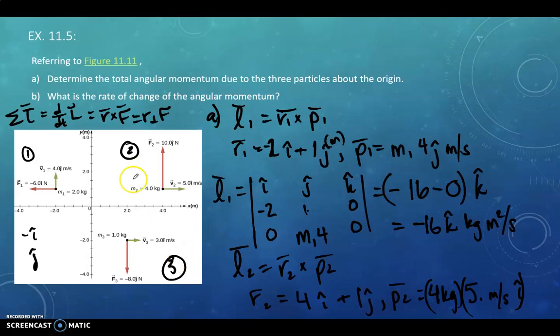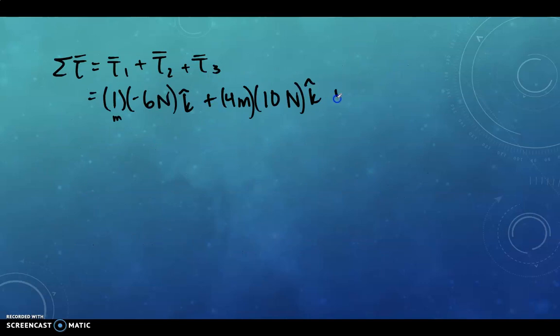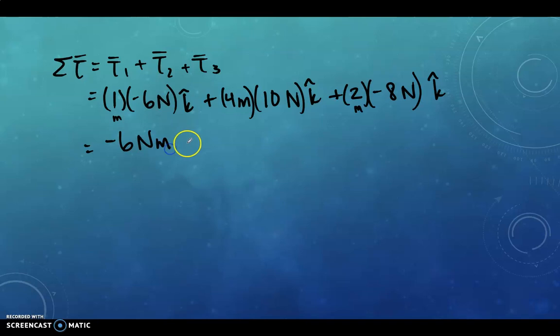And then our third one, we have F in the j hat direction, so we want r in the i hat, which is 2. So we have 2 times negative 8 newtons. This is meters again, and this is in the k hat direction. So we have negative 6 newton meters plus 40 newton meters minus 16 newton meters, all in the k hat direction.